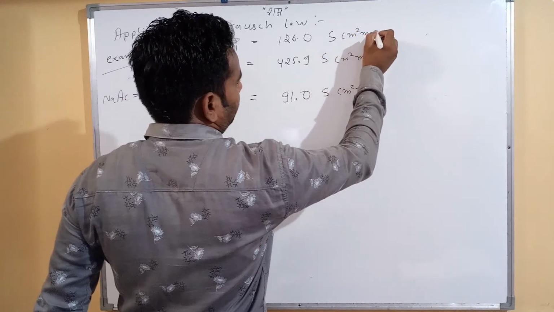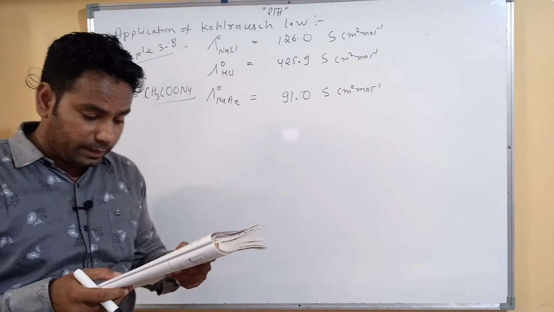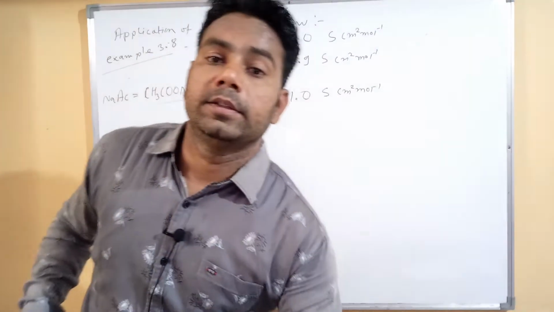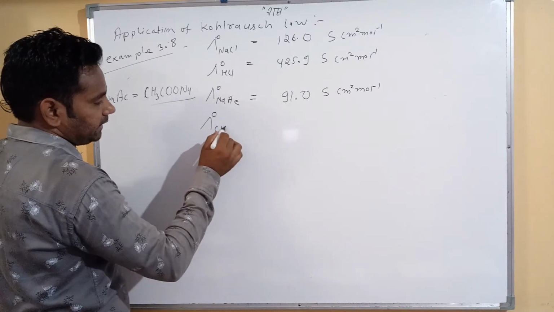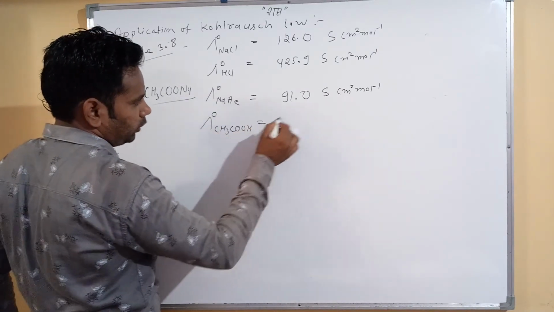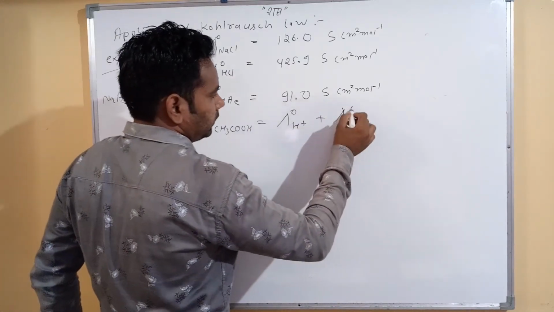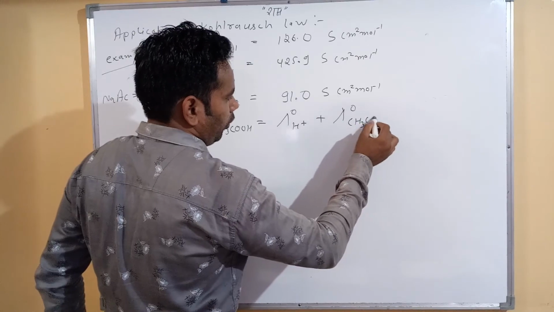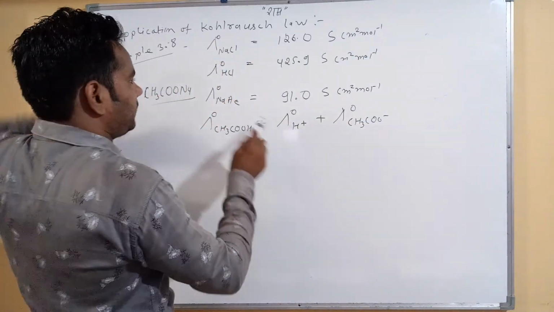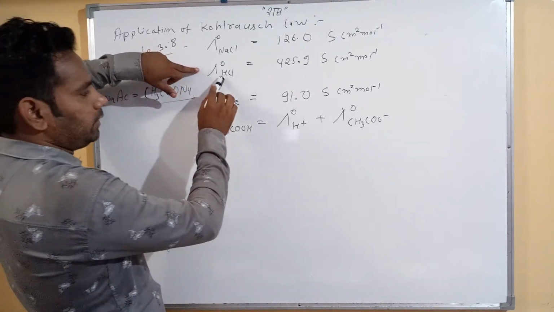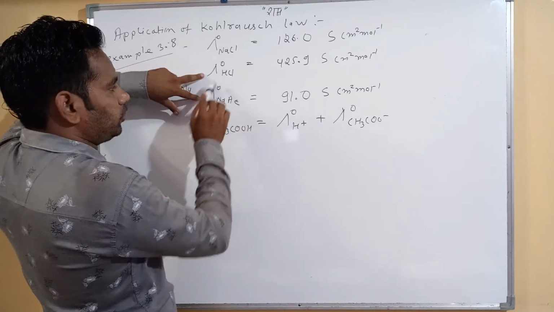Now I want to calculate the limiting molar conductivity of acetic acid. How do I calculate? CH3COOH is equal to, according to Kohlrausch's law, H plus ions plus CH3COO negative ions. I want H plus ions, which is given by this equation, and acetate ions are given by equation 2.